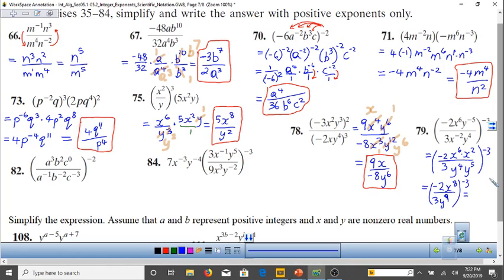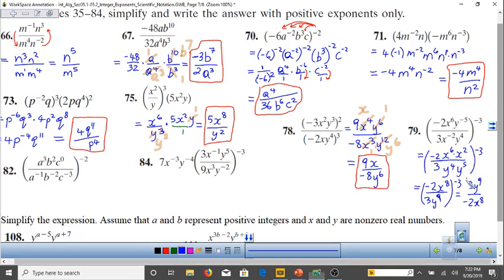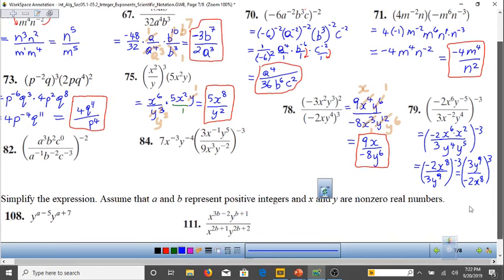So I'll flip the whole thing and I have 3y to the 9 over negative 2x to the 8. All of that now is raised to the positive 3 because I changed the sign of the exponent. When I distribute the exponent, I change the sign of the exponent.